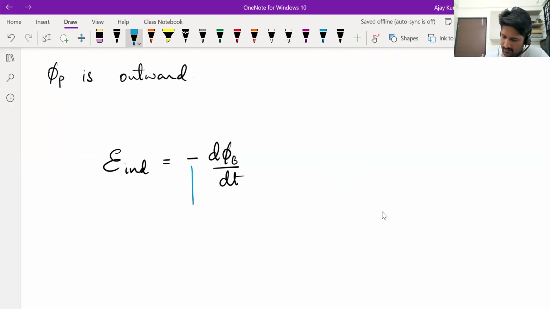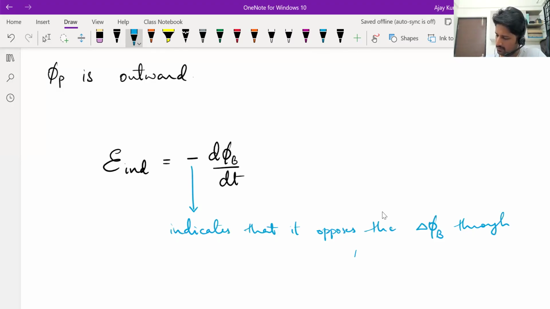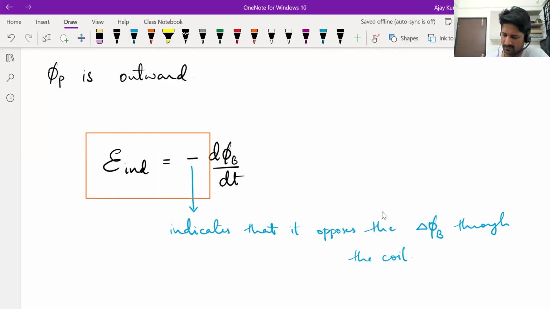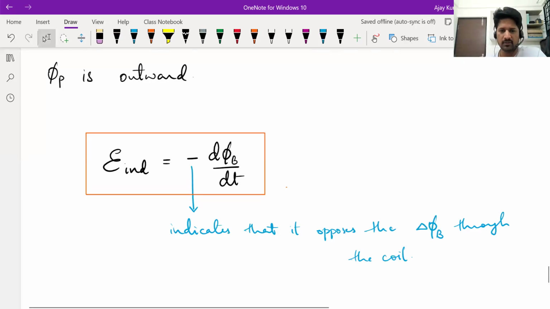The minus sign only indicates that it opposes the change in magnetic flux through the loop or coil. But mostly in problems, we'll need to derive the magnitude itself. The minus sign won't really matter much. Direction we can tell, which way the current is going to flow, and based on that we can solve problems. So we'll be just using d phi by dt without a minus sign. Is this clear to all of you?